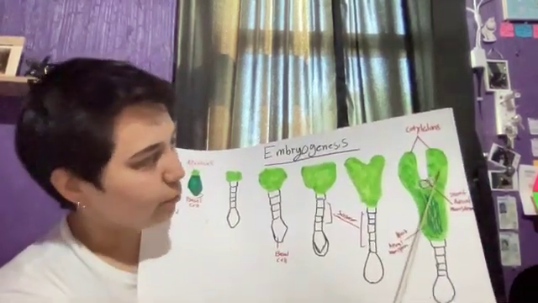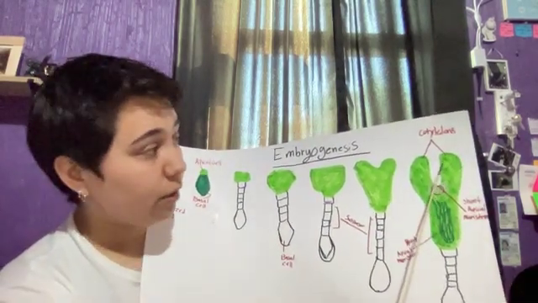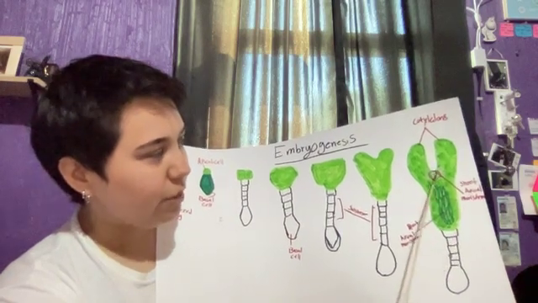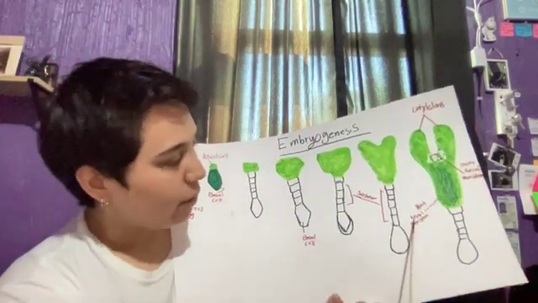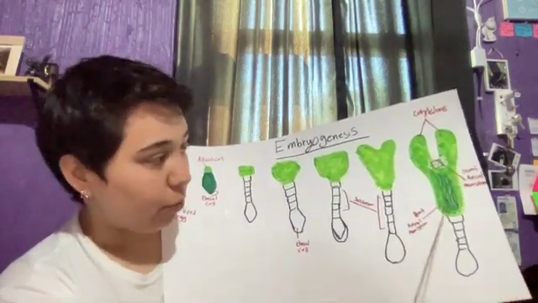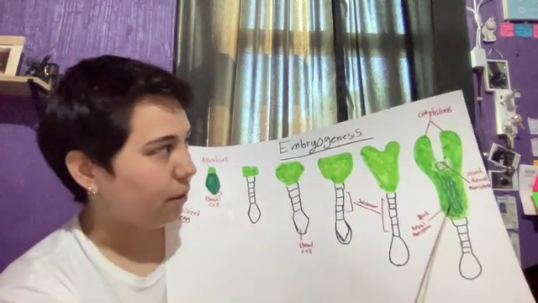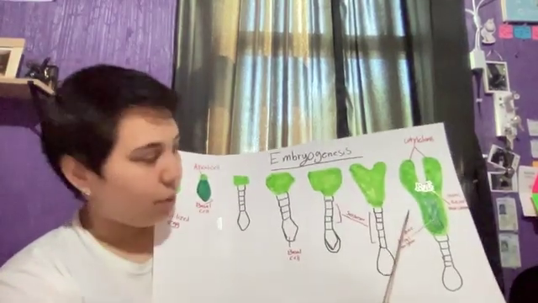In the torpedo stage, the cotyledons are fully formed. This is also where the shoot apical meristem will start to develop, and where the root apical meristem will develop. This is going to be towards the middle, on the bottom part of the apical cells. So that's the torpedo stage right here.